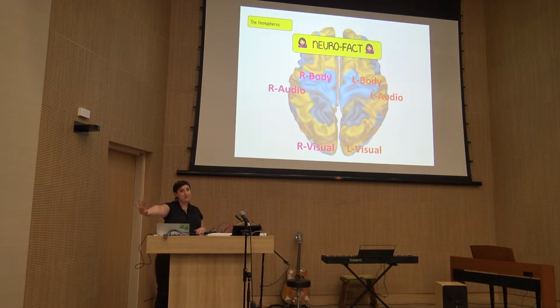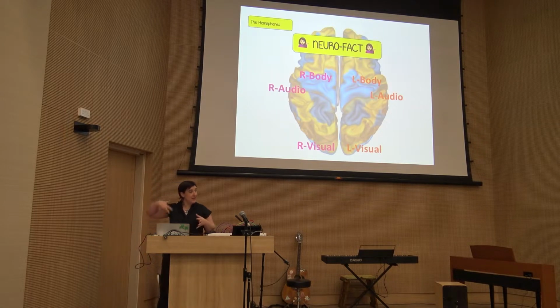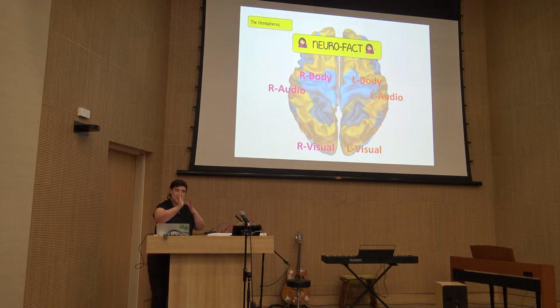It handles all of the motor control for the right hand, the right arm, the right leg, all of the sensations coming in from that side of the body. It handles the visual information coming in from the right side of visual space, from both eyes. The right half of the visual information ends up in the left hemisphere. And the right part of auditory space as well.